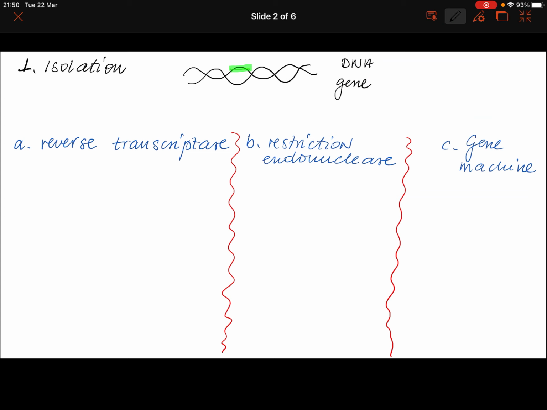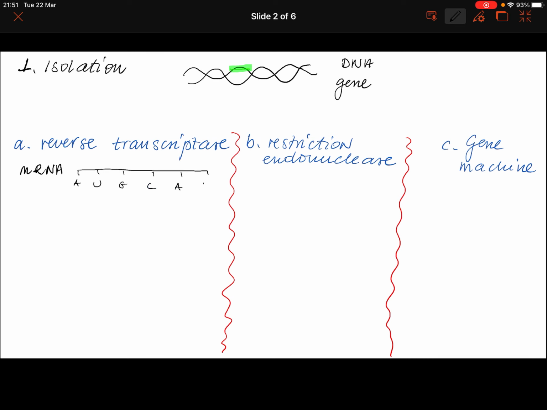You did learn about reverse transcriptase with the topic of immunity with the replication of HIV. So, reverse transcriptase is an enzyme that uses mRNA as a template to make DNA. mRNA is a single-stranded nucleic acid.